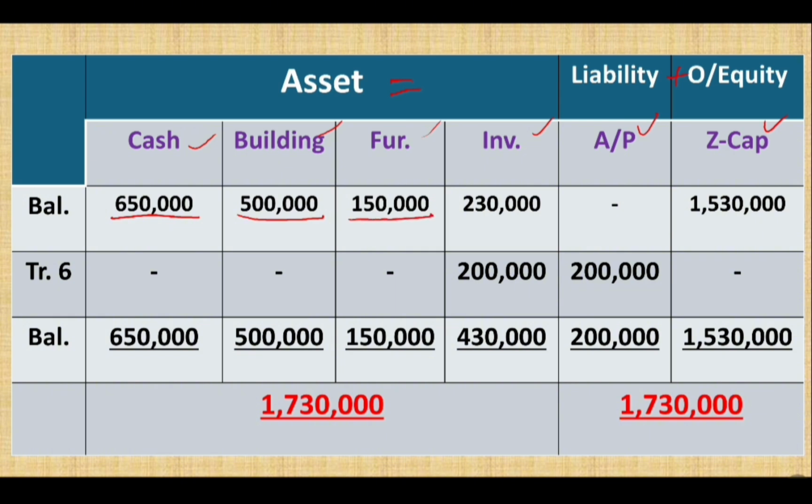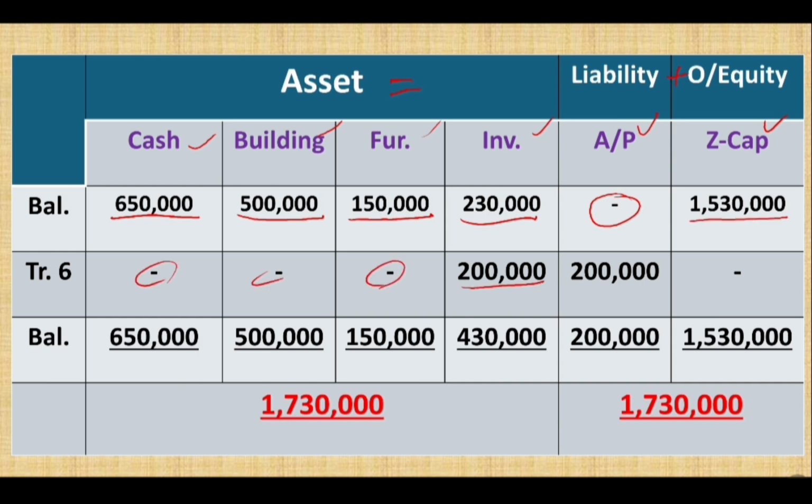So the balance of cash after transaction 5 was 650,000, building 500,000. The balance after transaction 5 for furniture was 150,000, and for inventory 230,000. And the balance of account payable after transaction 5 was 0 because there was no account payable in transaction 5.